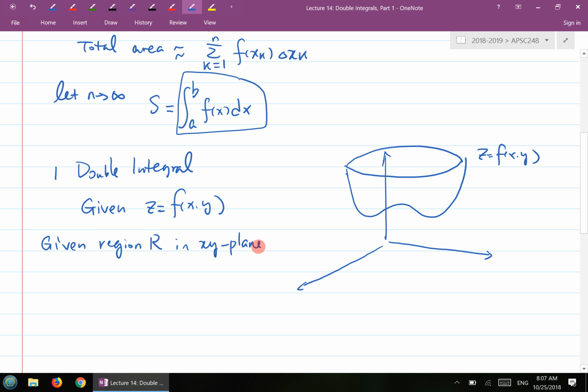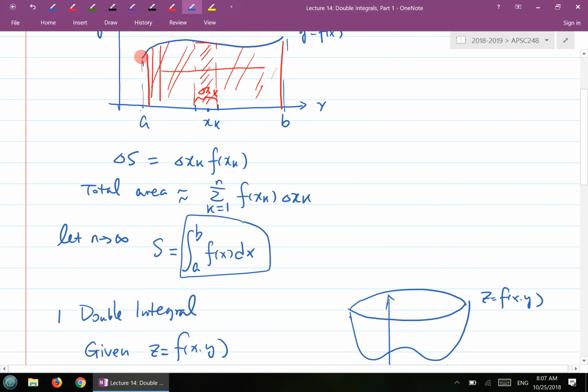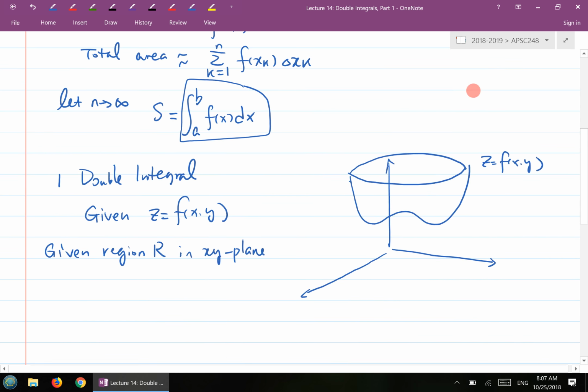So there are basically two given conditions, just like for a function of a single variable, where you're given a curve and a range A to B. Here we're given this multivariable function f of x, y, and a region R at the bottom. Here is the xy plane, and here is region R. So two things we're given here.